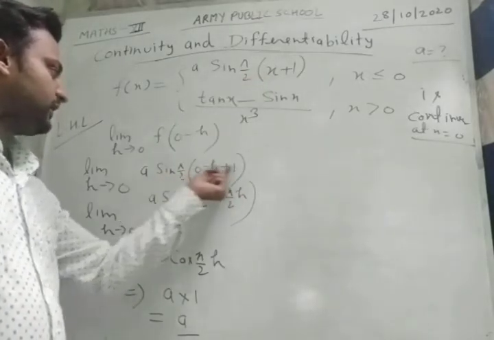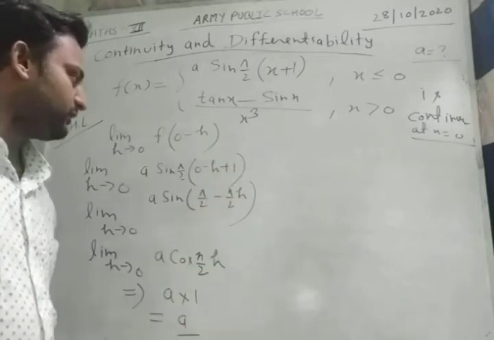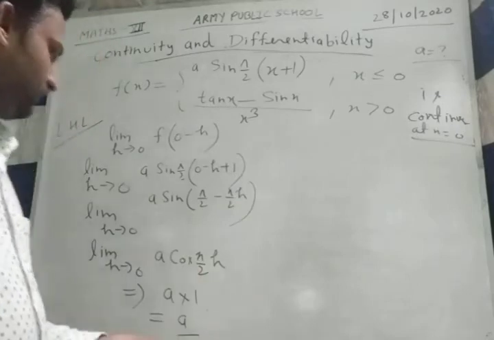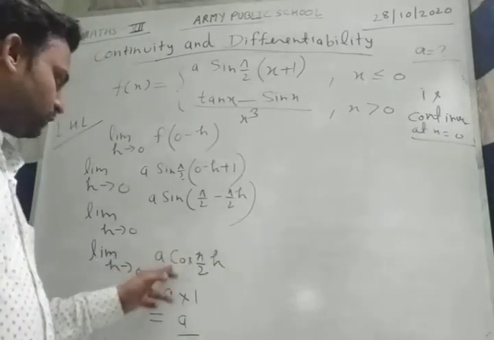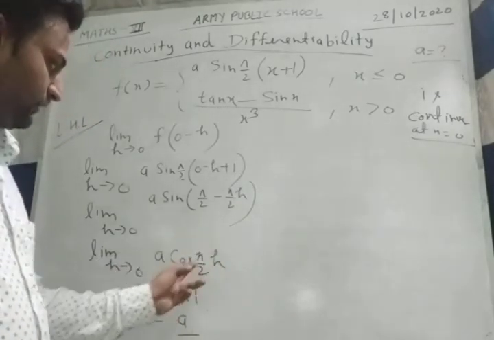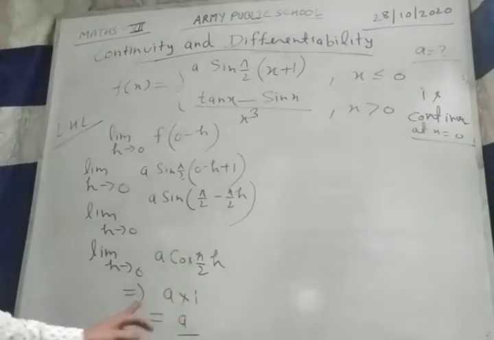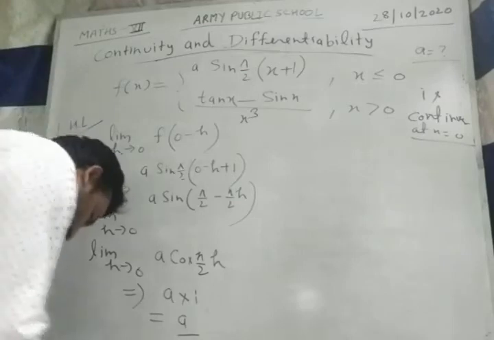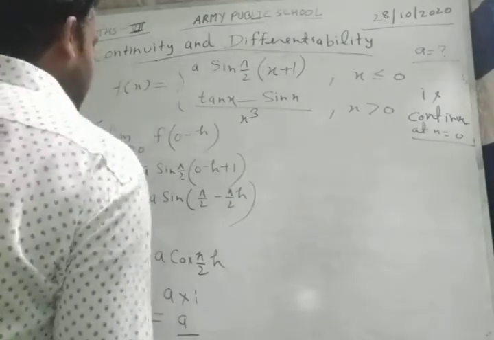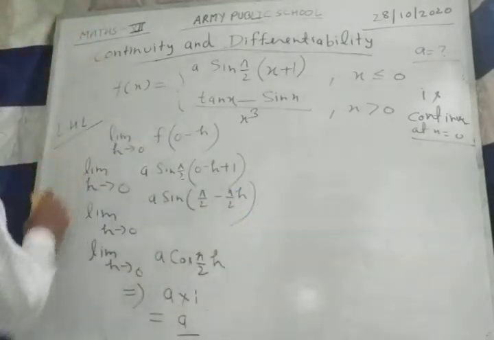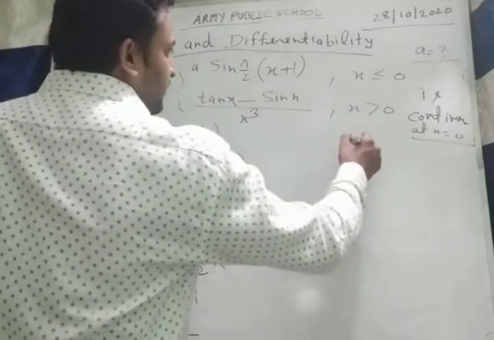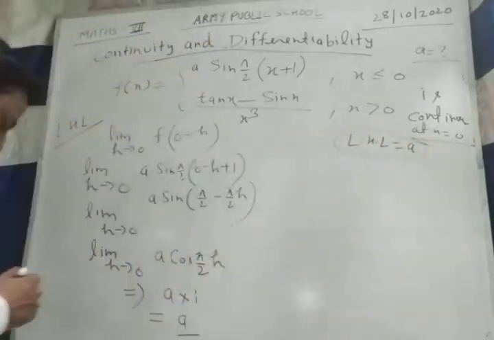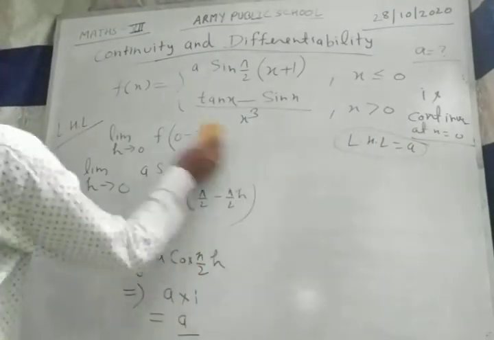So we get pi by 2 minus pi by 2 h. Now sin(pi by 2 minus theta) is cos theta, and when we put the limit here, this term is 0, so cos 0 is 1 and it is a, so the left hand limit is a. Now our right hand limit will be what? So left hand limit is a. Now we find our right hand limit.